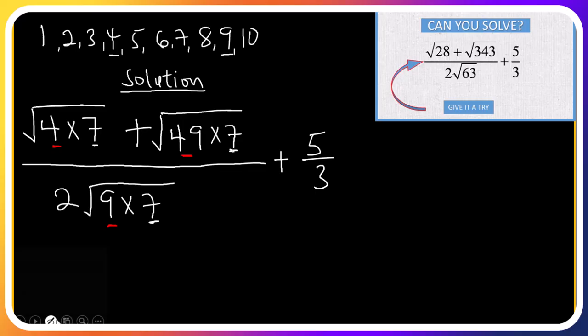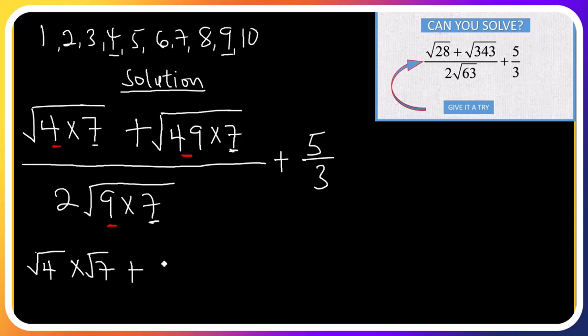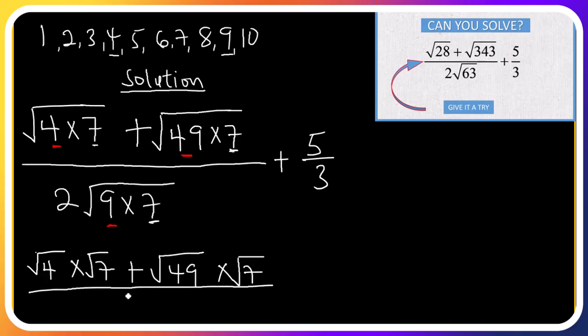Now this could be expanded in the form root 4 times root 7 plus root 49 times root 7, divided by 2 multiplying the bracket root 9 times root 7, plus 5 on 3.